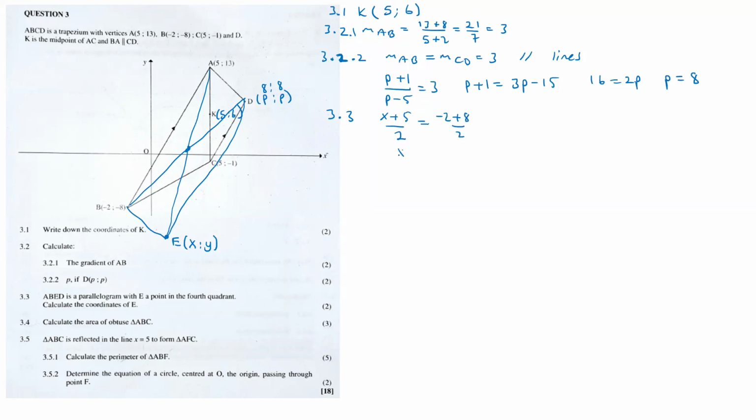From this, x plus 5 is equal to 6, so x is equal to 1. For the y coordinates, y plus 13 over 2 must be equal to -8 plus 8 over 2. From this, y plus 13 is equal to 0, and y is equal to -13. So the coordinates of E will be (1, -13).